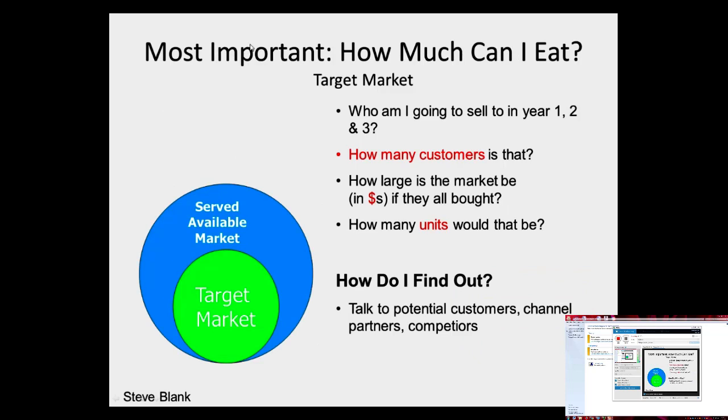So once you kind of figure out how many people are there out there in general, then you want to focus on, again, these graphics are from Steve Blank, who you're going to sell to in the first, second, or third year. So you're focusing on, like, not just who could be your customer, but who will be, and try to quantify that.